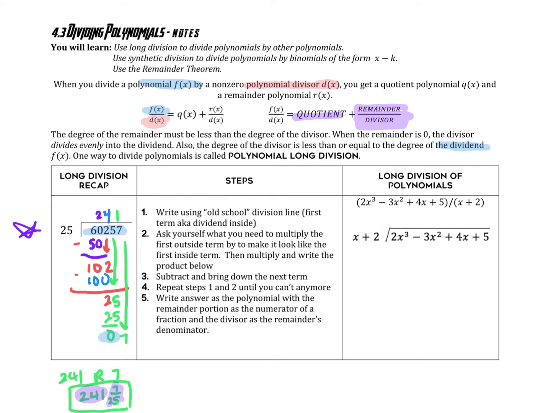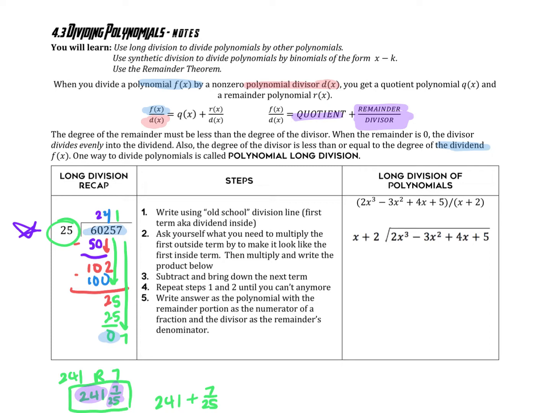So we could also write this as 241 plus 7 over 25. So key things to remember: what is left over goes over the thing that we were dividing by, the divisor, which is the portion that's on the outside here.